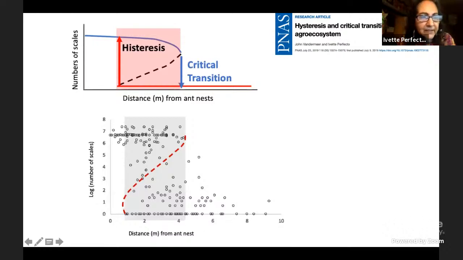Now, in between, in that hysteretic zone, you have a lot of plants that have high levels, a lot of plants that have very low levels, and some in between. No? So basically, we found this critical transition zone and a hysteretic zone in the scale insects as you move away from the nest site of the ants.